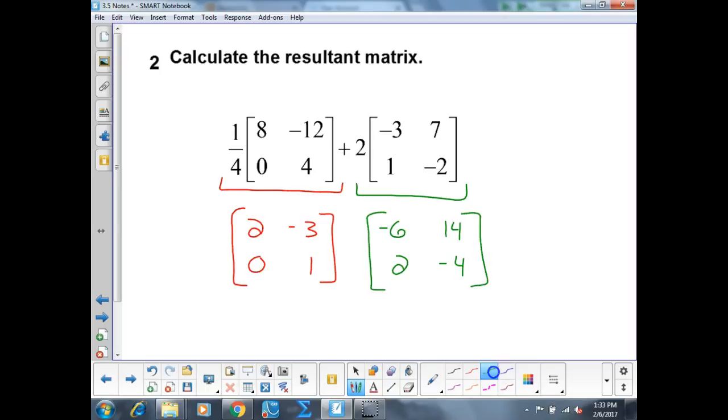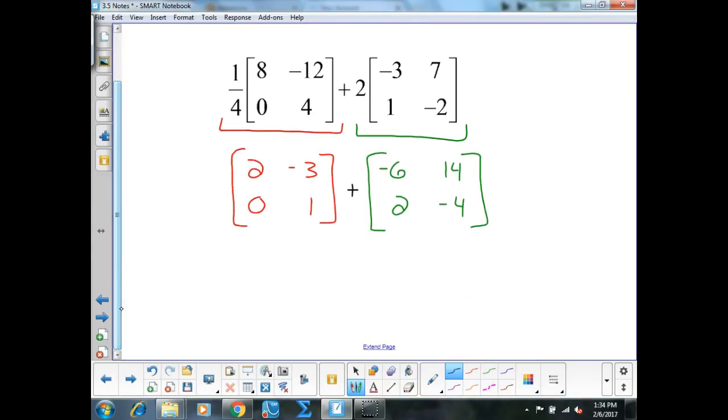Both are 2 by 2 matrices, so both can be added together. So then that gets me 2 plus negative 6 is negative 4. Negative 3 plus 14 is 11. 0 plus 2 is 2. 1 plus negative 4 is negative 3.